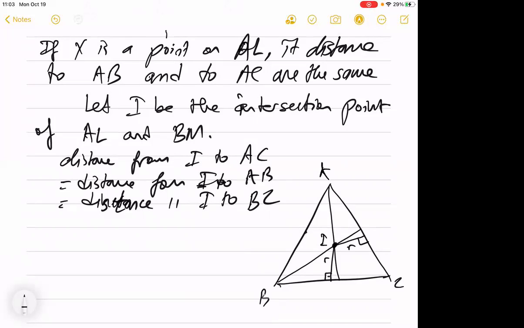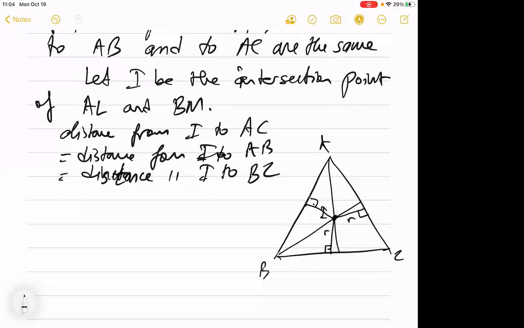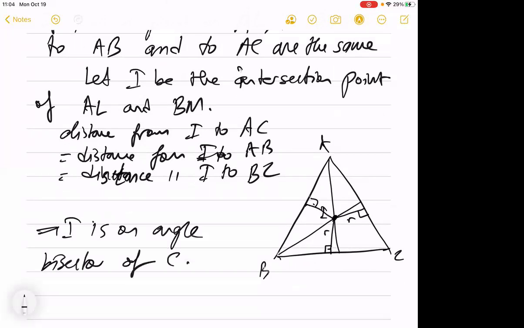Its distance to side AB is the same too. Since the distance from I to AC and from I to BC are the same, I is on the angle bisector of C. It must be there. There are two proofs of this statement, and I guess they are both nice.